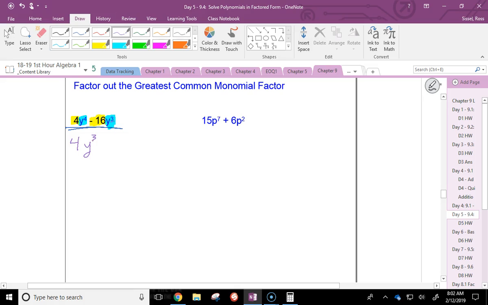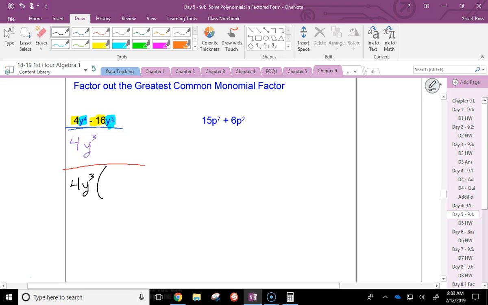Now when I do this, it's like I'm doing the opposite of distributing, I'm dividing. So when I get my answer, if I did this, I'm going to have 4y to the 3rd. That is what we took out. And in parentheses, this is going to be what I'm left with.